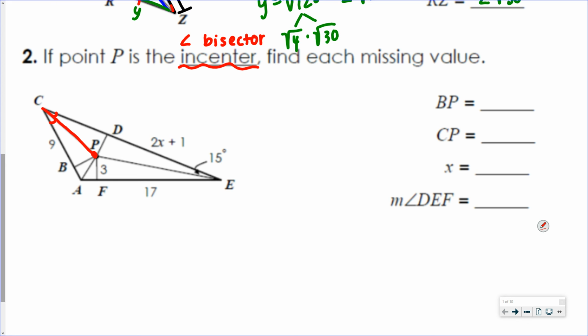So there's my angle bisector from vertex C, from vertex E. There's my bisector from angle A. There's my bisector. Here's the special characteristics with angle bisectors.